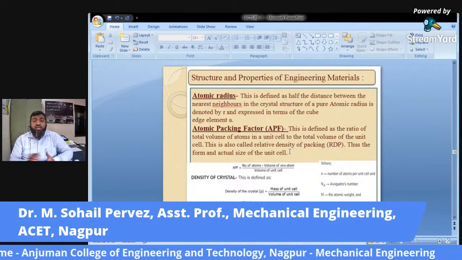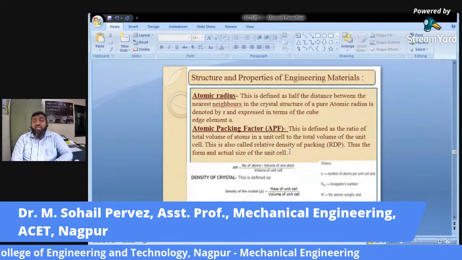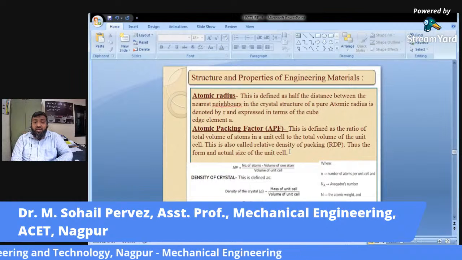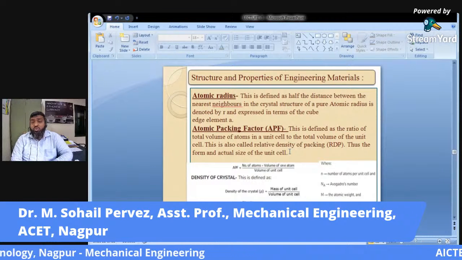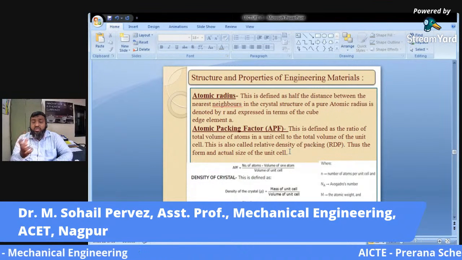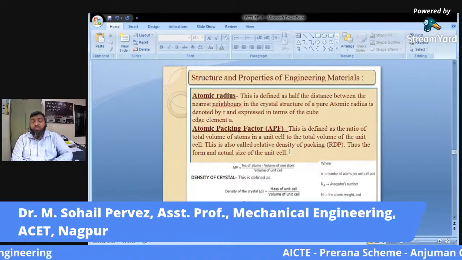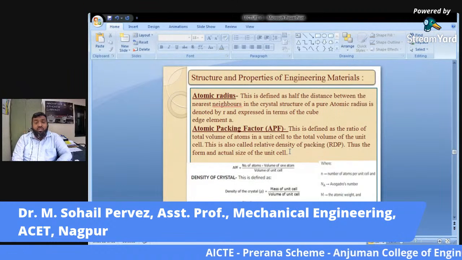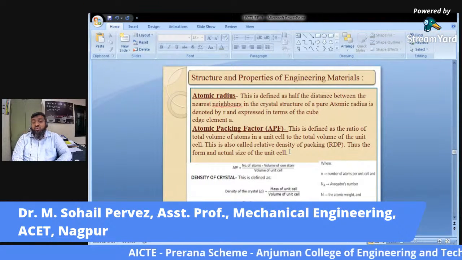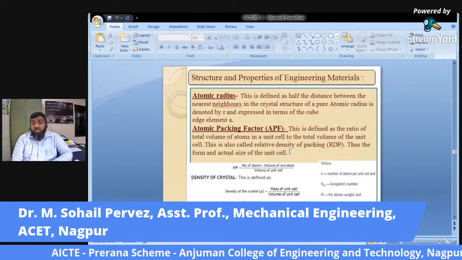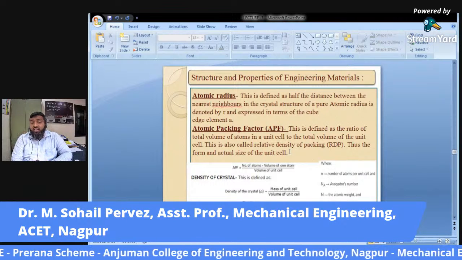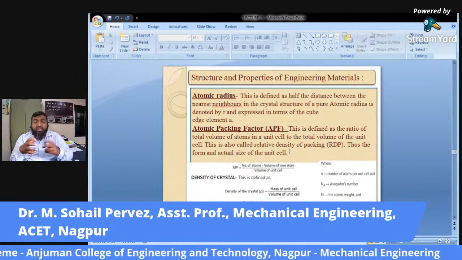Now another important aspect is atomic packing factor. This is defined as the ratio of the total volume of atoms in a unit cell to the total volume of the unit cell itself. This is also generally called the relative density of packing.